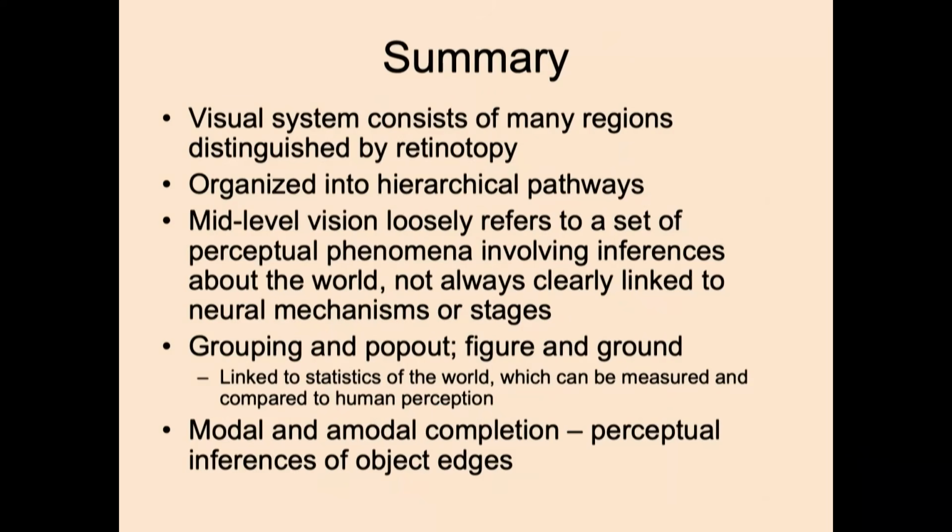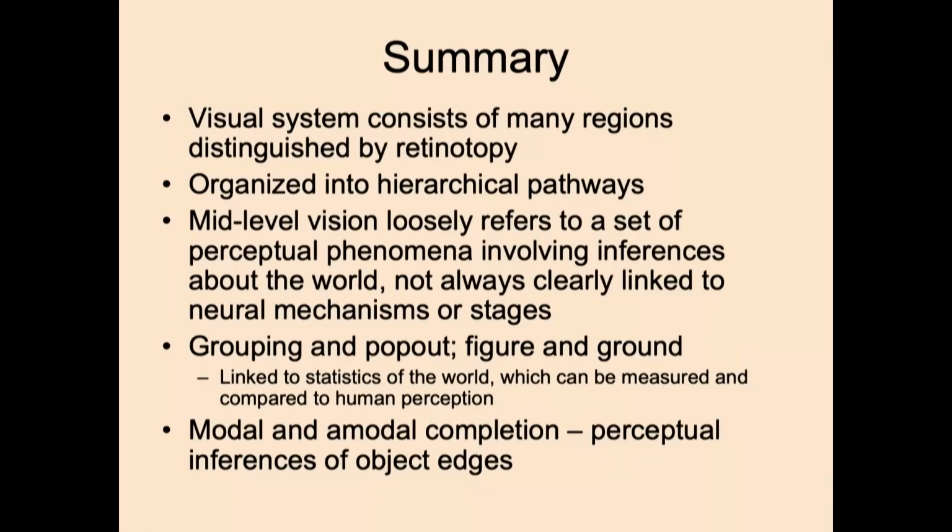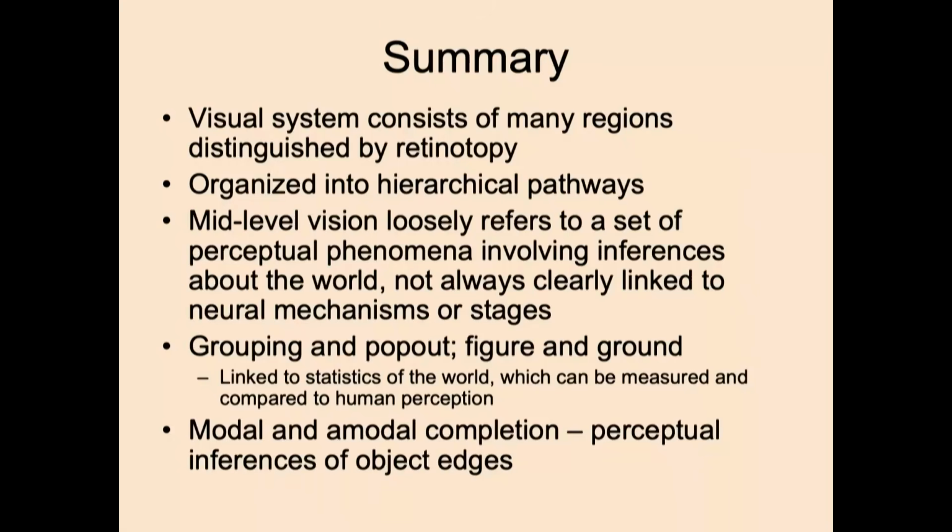Okay, so a summary of what we've talked about. At the very start of the lecture, we talked about how the visual system consists of many regions that are distinguished by retinotopy and that are organized into hierarchical pathways. Mid-level vision loosely refers to a set of perceptual phenomena that involve inferences about the world. They're not always clearly linked to neural mechanisms or stages, although sometimes we have little glimpses of that. We talked in particular about grouping and pop-out and figure and ground.